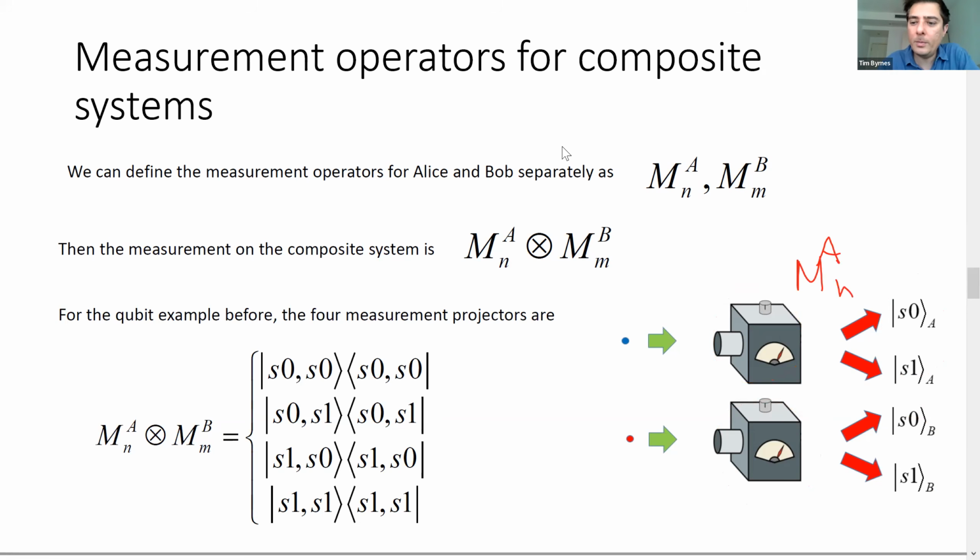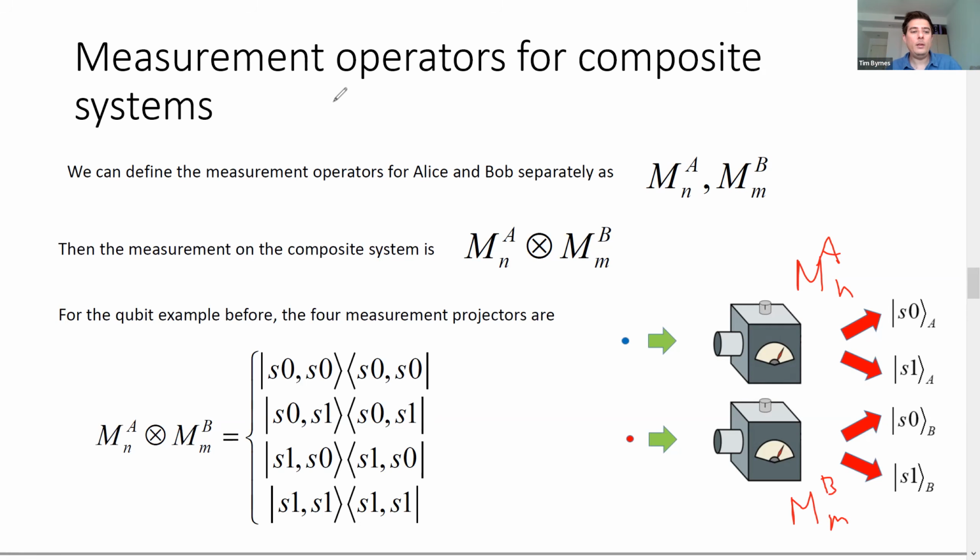So these measurement operators, M_n, if we've got 2 of these, we better put a label on for Alice and Bob. So Alice's measurement process we can describe as M_n^A, and for Bob's measurement process, we'll put a different sub-label, a B here for Bob. So for Bob's measurement, we'll have M_m^B, right?